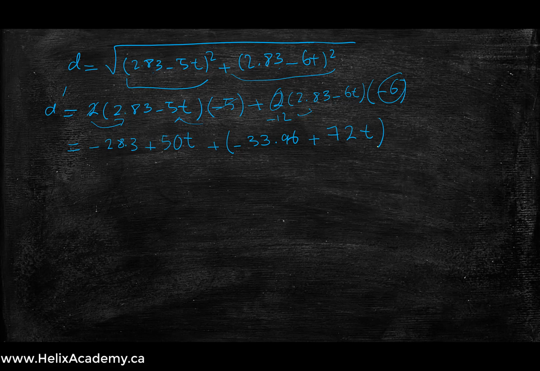Okay, now to clean this up a little bit, I have a 50t and a 72t here. That's 122t. And I have a negative 28.3 and a negative 33.96, which is negative 62.26. Okay, so that is my derivative here.